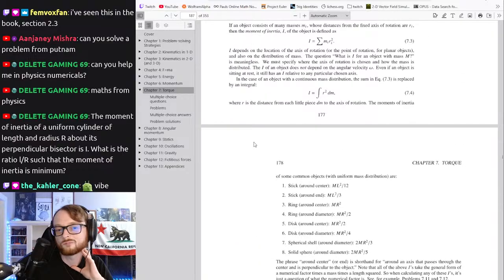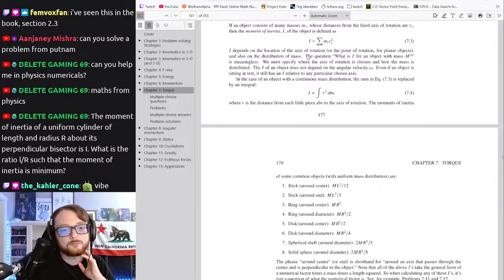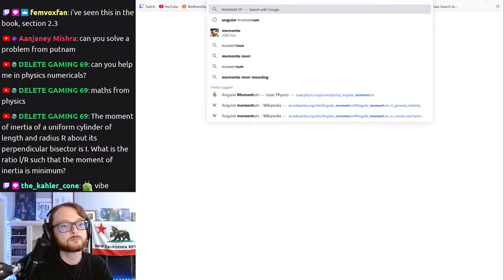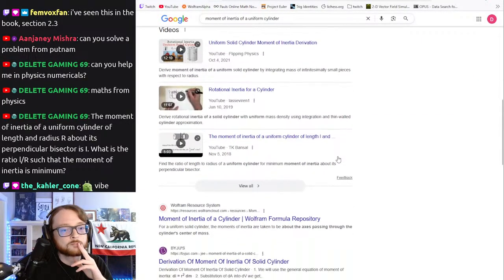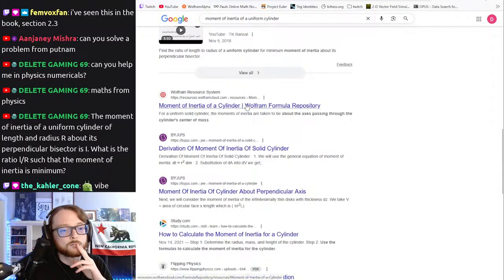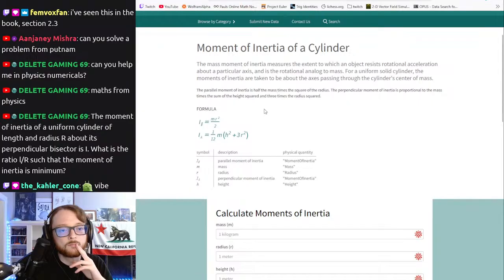Well, that doesn't make... maybe not. Delete Gaming, are you just given the moment of inertia for a cylinder, or do they expect you to find it?